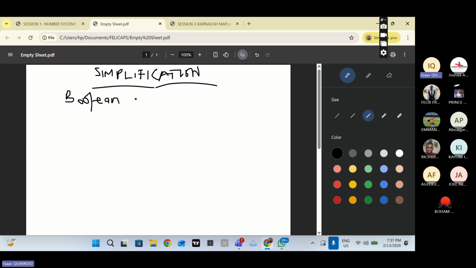If you go back to high school, you remember we have algebraic expressions. You have to find ways and means to manipulate the expressions, break them down and simplify them into a form that is much easier to comprehend.